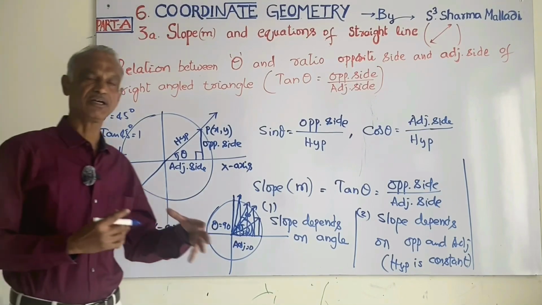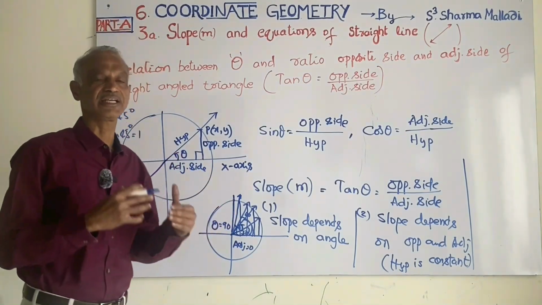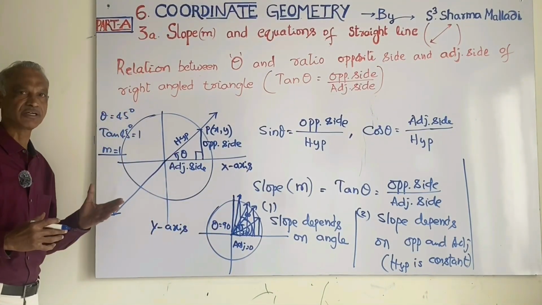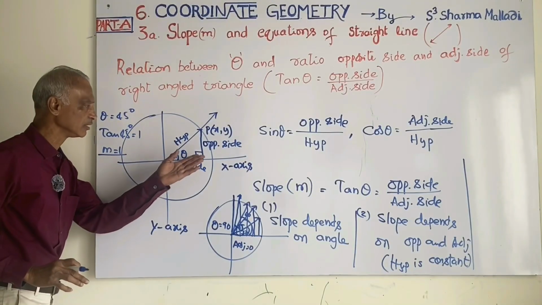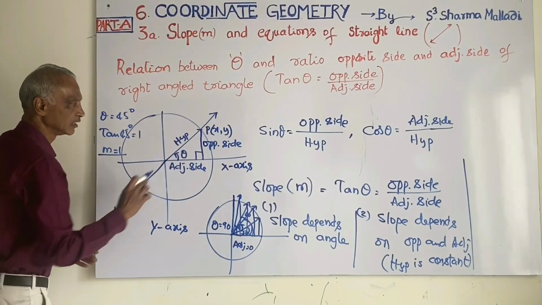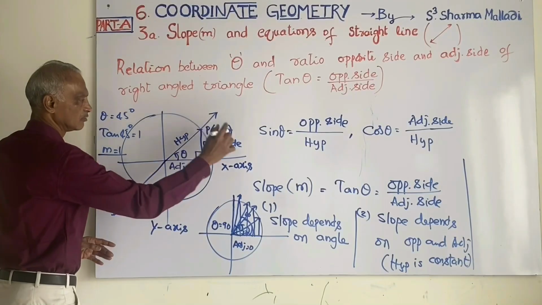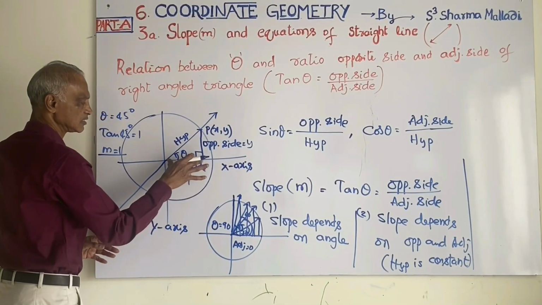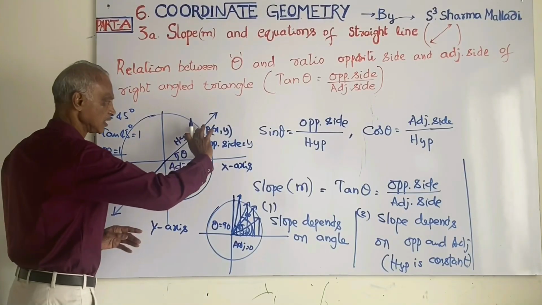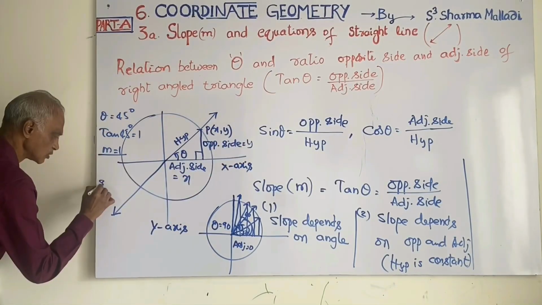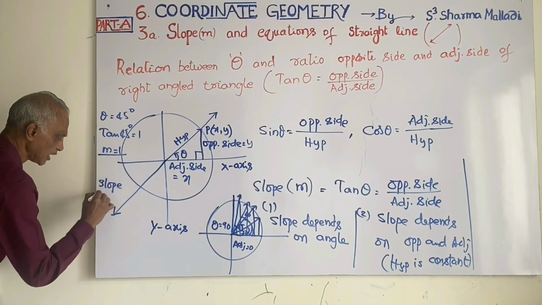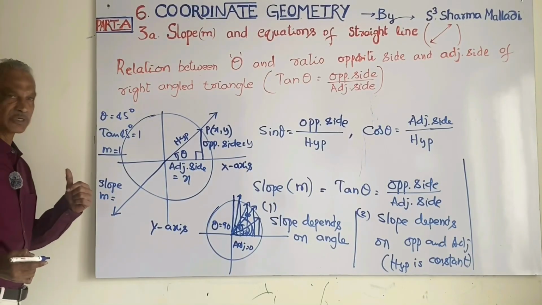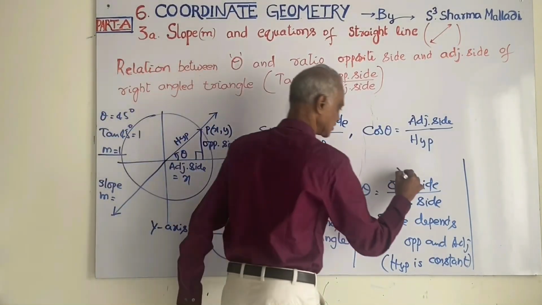Now we can find the slope when the opposite side and adjacent side are given. Here, what is the slope of this line? The opposite side is y and the adjacent side is x. This distance is x and this distance is y. What is the slope? m is equal to opposite side by adjacent side.